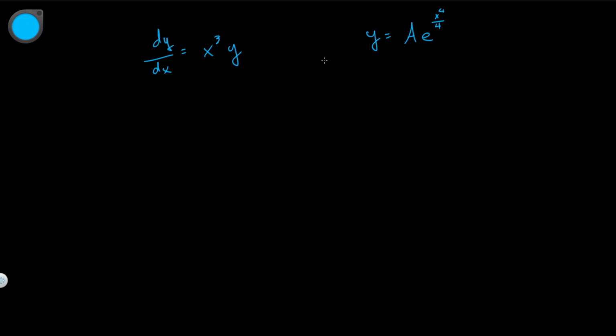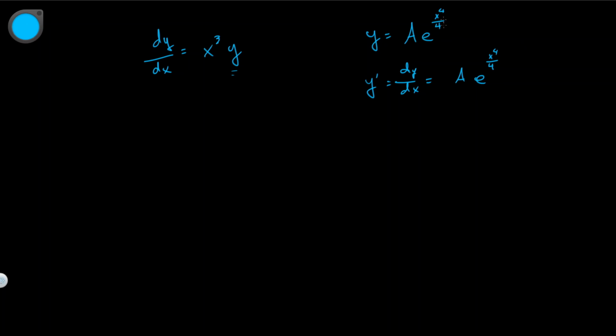Let's go ahead and see if this actually works. So we have y. We just need dy over dx. We need to take the derivative of this. So the derivative of this thing is the derivative of e to the x to the 4th over 4. Well, let me keep that constant there. e to the x to the 4th over 4, that's the power of e. It's the same thing. But then we got to chain rule this thing.